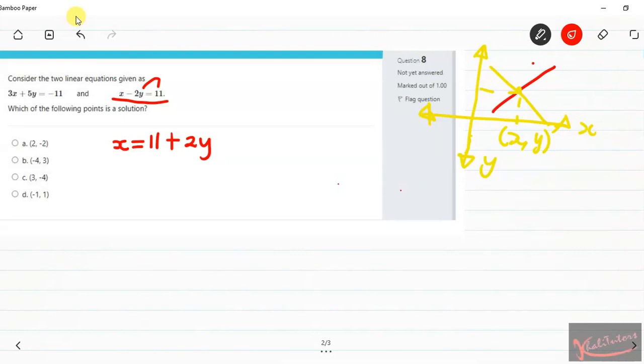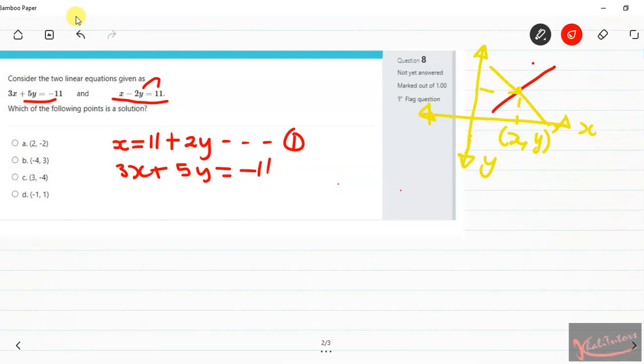And this is our equation 1. After you've created equation 1, you take equation 1 and substitute it into equation 2. So our equation 2 is this one here: 3x plus 5y equals minus 11.